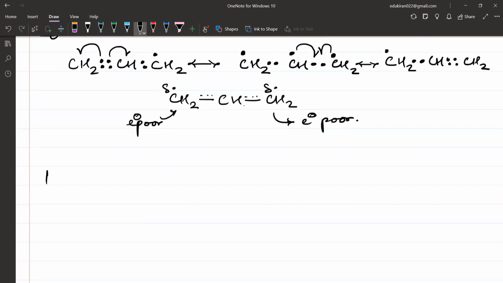We can do a similar thing with the benzene ring also. CH2 free radical. Now this free radical will not be there. You'll have a double bond and a free radical here.